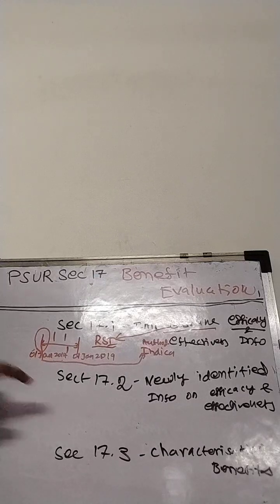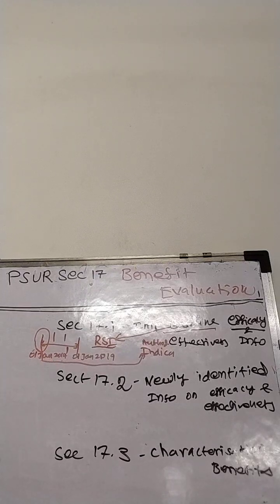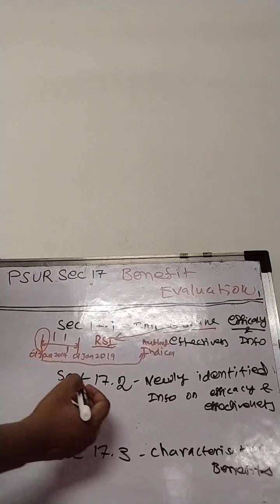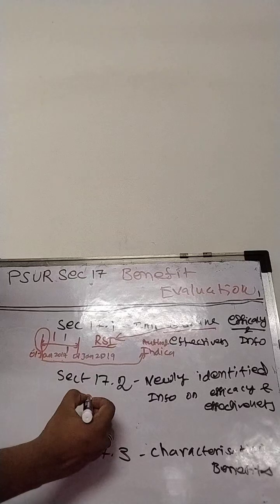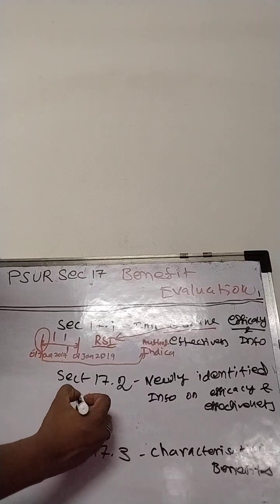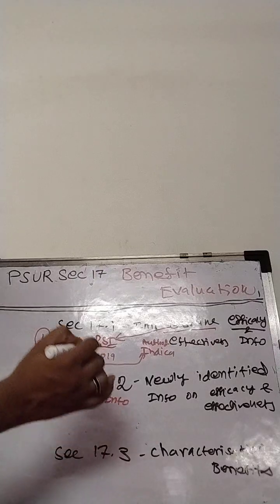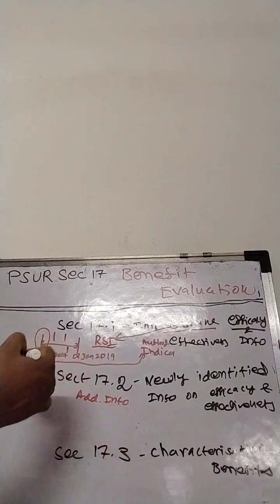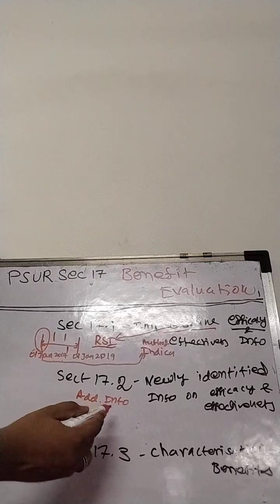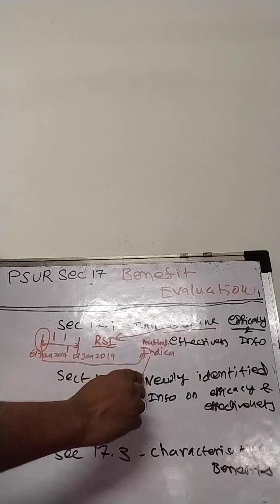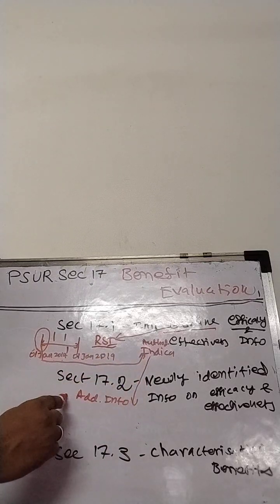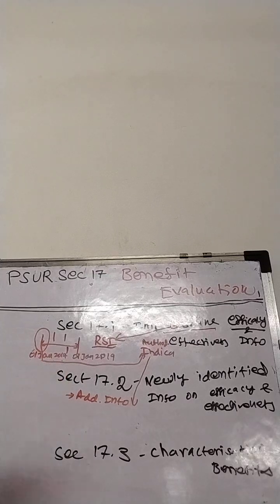And when you come to section 17.2, the focus here is any additional information you have received during your review period for these authorized indications. This could be your first point: have you received any additional details or information on authorized indications?